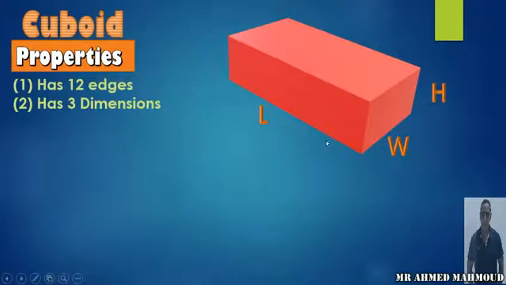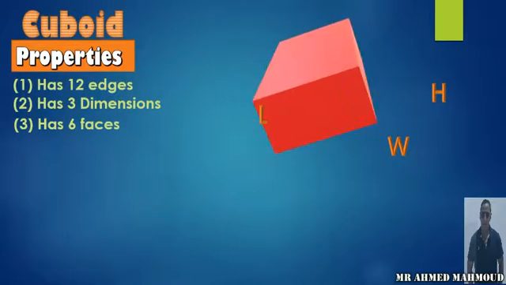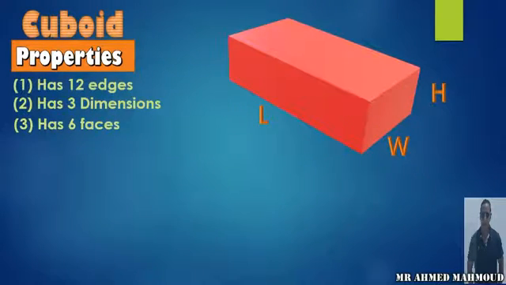The first dimension is called length, this one is called width, and this one is called height. Here we have the base. The base is formed from 2 dimensions, length and width. The next property, it has 6 faces as we said in the cube.